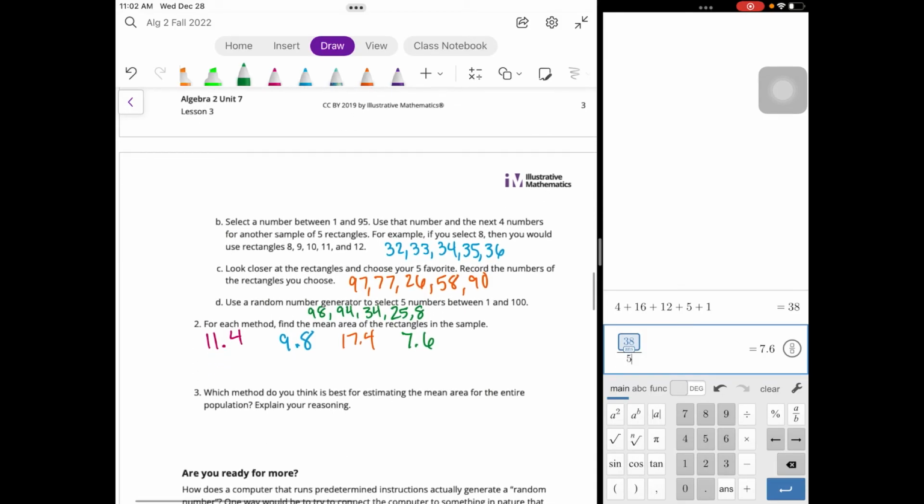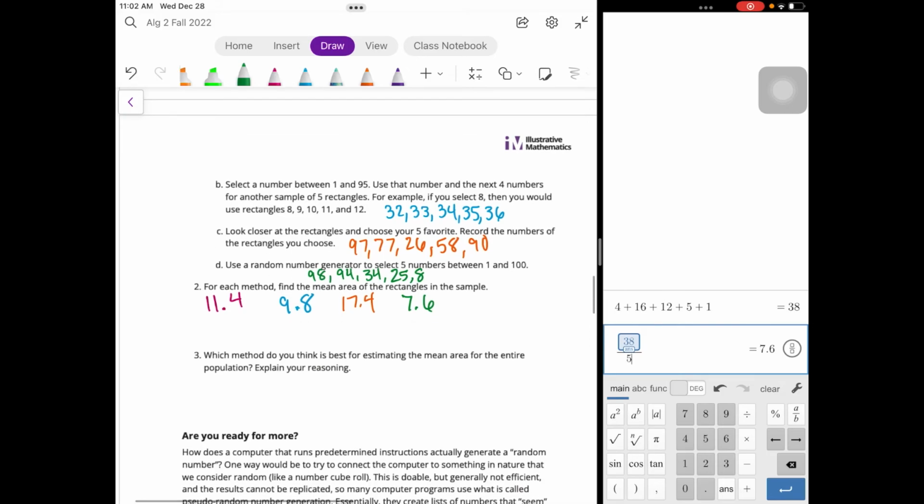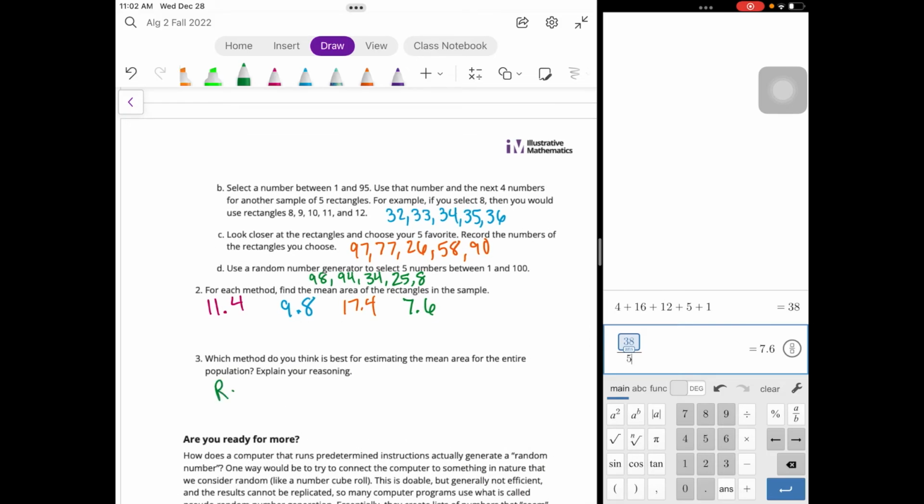Those all have some kind of outside influence by your choices. So the random number generator is the best one because it does not have bias included in there, because we're not making any choices.